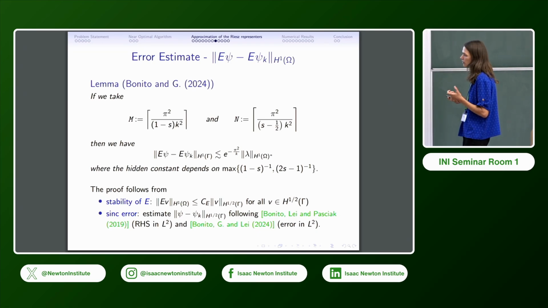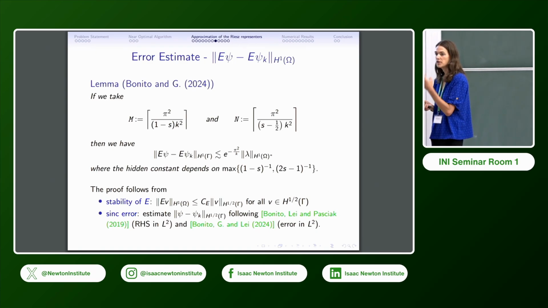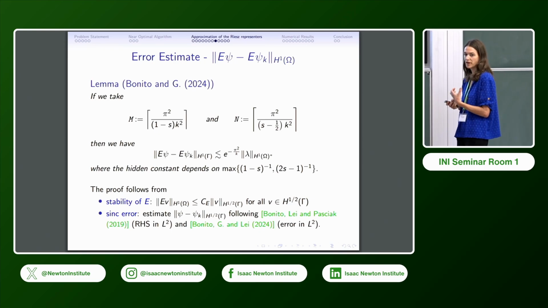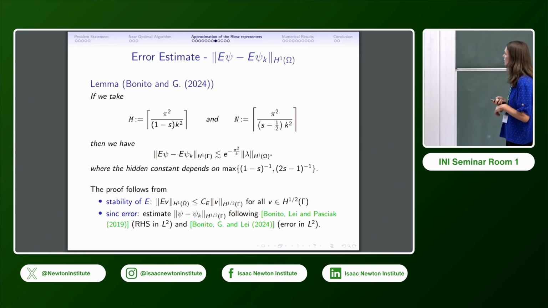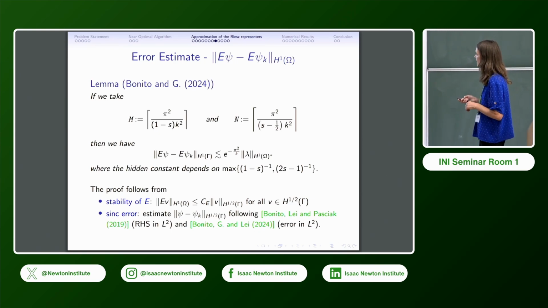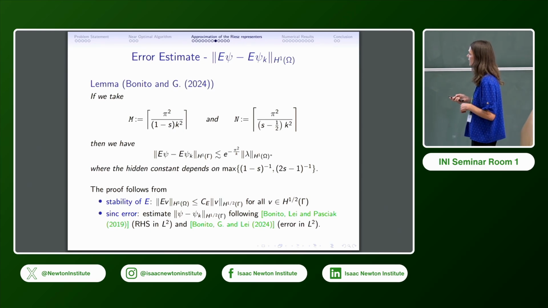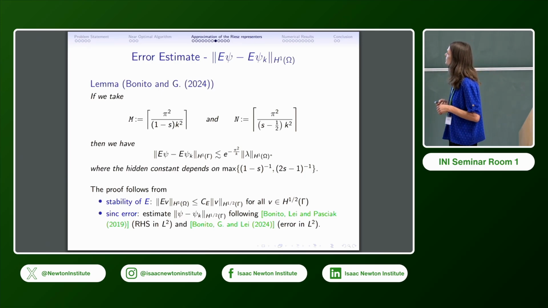We just need to be a little bit careful because in previous work, you assume that you have a smooth right-hand side, so right-hand side in L2. For us, we have a right-hand side in h to the minus 1/2, so we have to deal with this less regular right-hand side. And also, we are measuring the error in h to the 1/2 and not the error in L2. So we kind of have to combine these different results to prove it, but it's pretty standard.